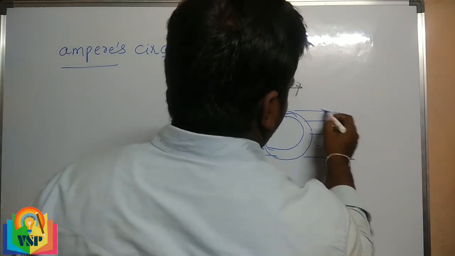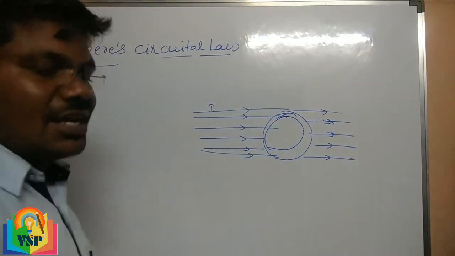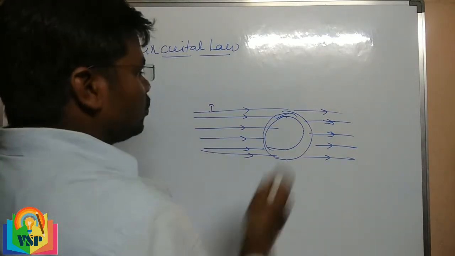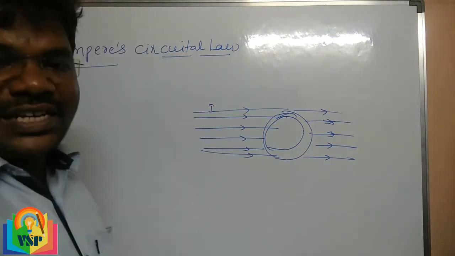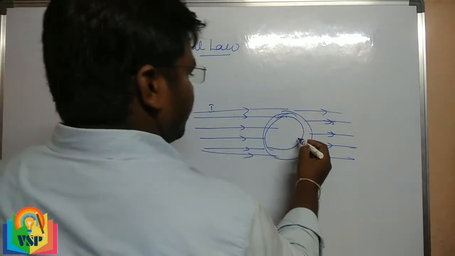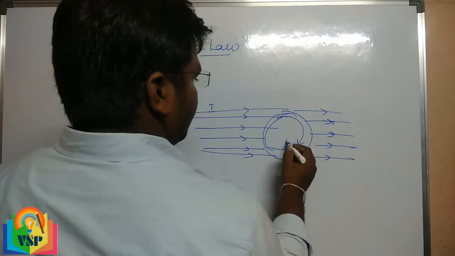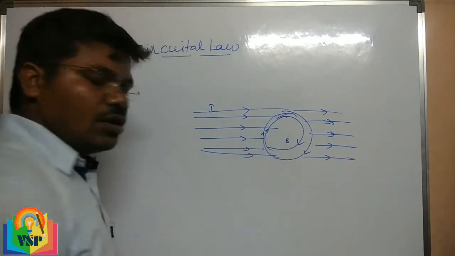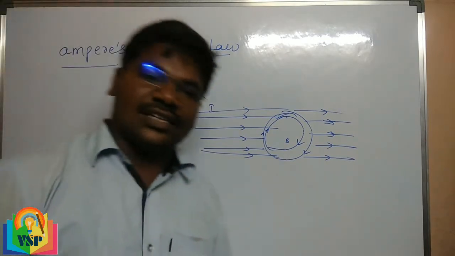According to Maxwell's right hand thumb rule, if current passes from left to right, the field lines are like this. This is the direction of the magnetic field lines.